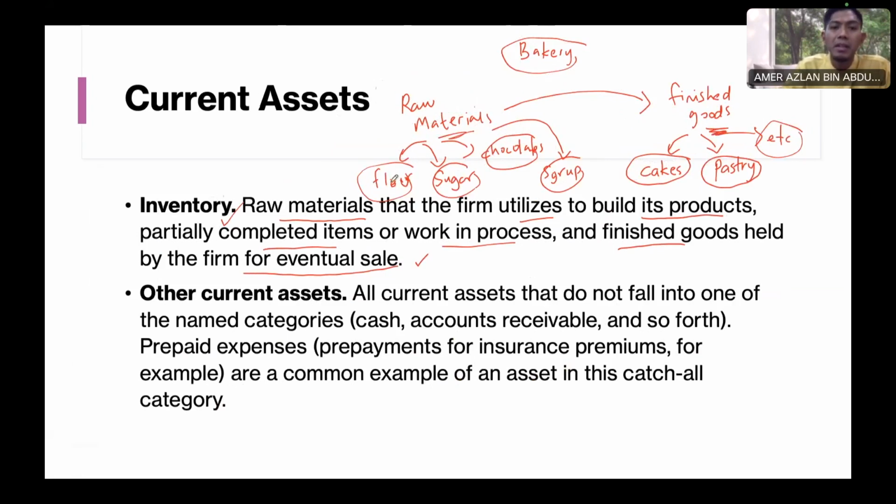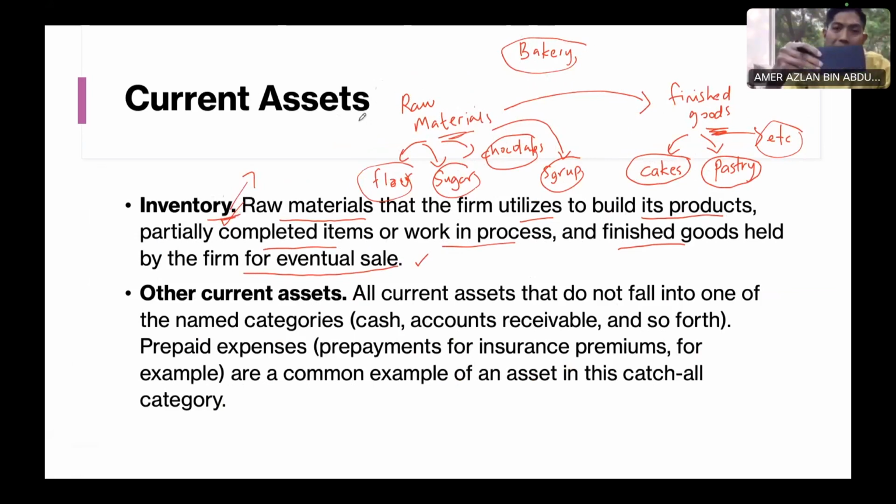And speaking of inventory, this inventory ni in the form of items tau. Flour, sugar contohnya, itu items, right? So you bought the items and you need to resell it back, isn't it? And convert it into cash. So these items, let's say the finished good items, the cakes, for example, this cake, okay, it has to go out.